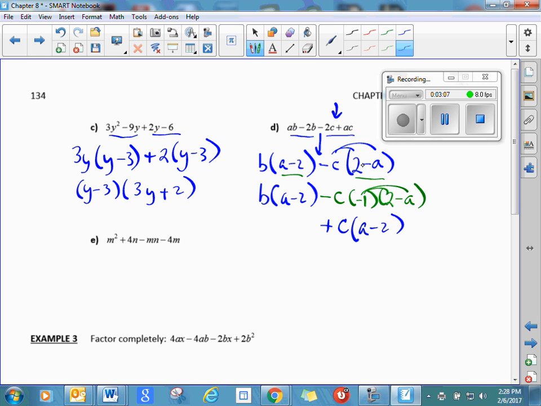So essentially, you're switching the sign of these terms, and switching the sign outside, because you, in effect, have multiplied everything through by the ghostly negative 1. But that works nicely for you now because these are the same. And you can factor the a minus 2 out, and what's left is the b plus c.